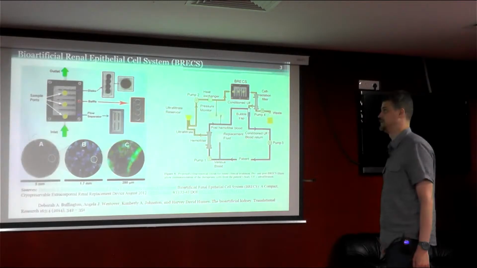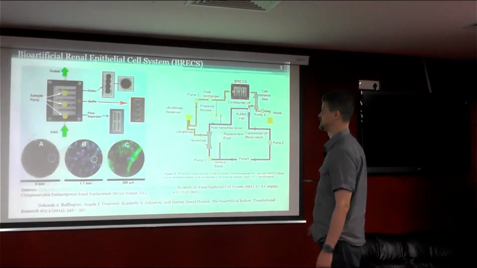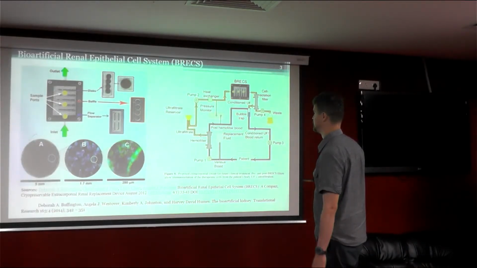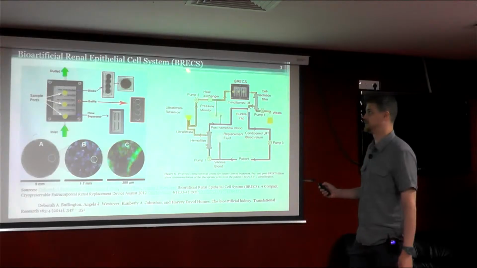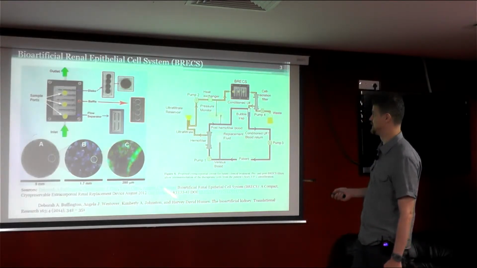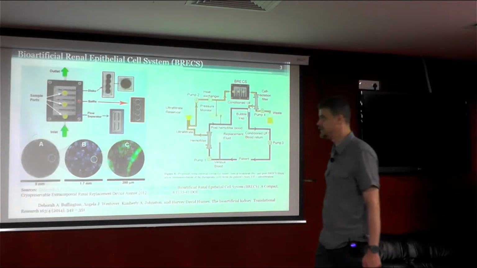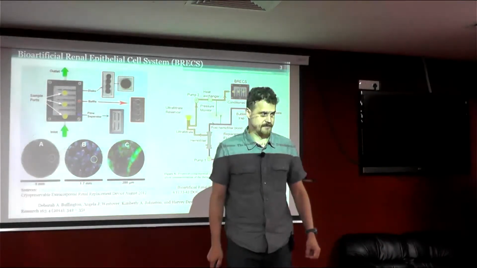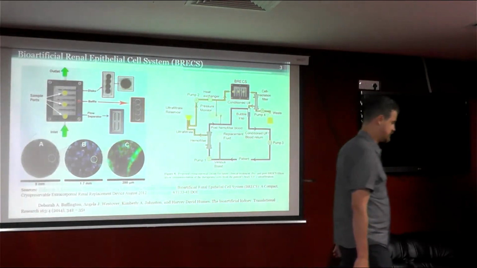Yeah, returning to the bioartificial kidneys, it's not the only prototype that exists. There are attempts to create a bioartificial renal epithelial cell system that basically has to imitate the work of the proximal convoluted tubule.